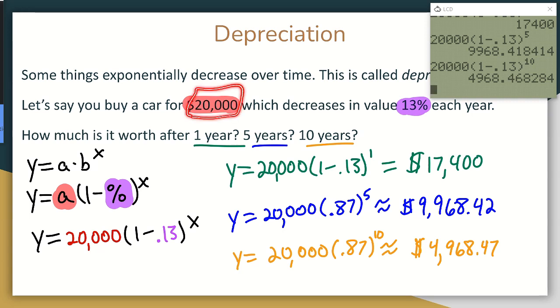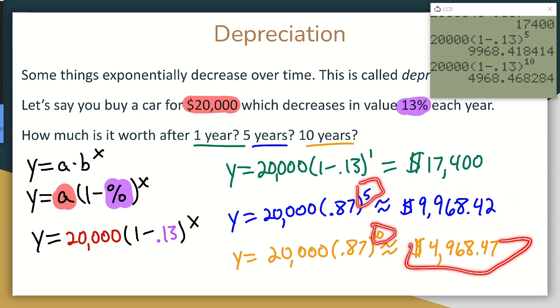From 0 years, $20,000, to 5 years, it about halved. From 5 years to 10 years, it about halved again. If you remember in science, that's called a half-life. So the half-life is about 5 years on this depreciation with 0.13 as the depreciation.